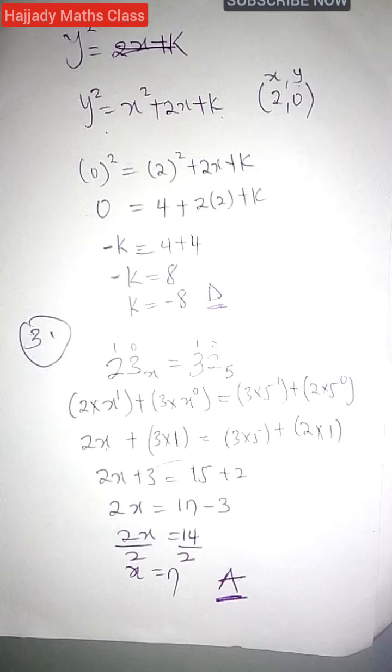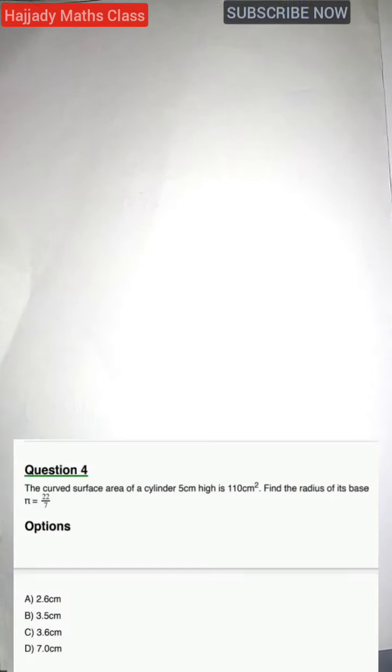Now going to question number 4. Our question number 4 says that the curved surface area of a cylinder 5 cm high is 110 cm squared. Find the radius of its base if pi equals 22/7. The first thing we have to do is to write it out.